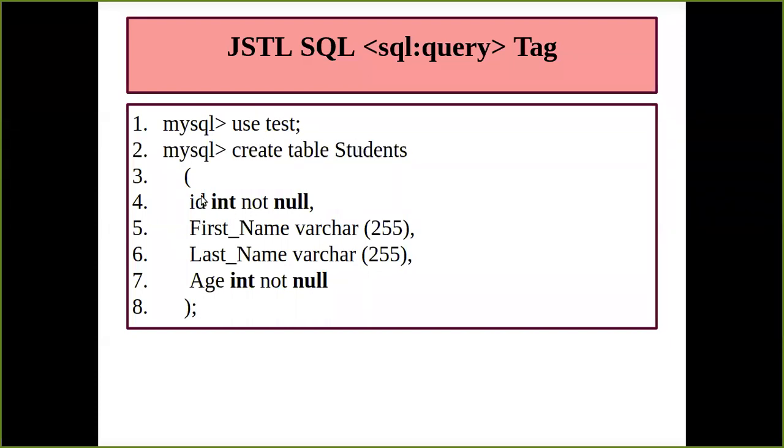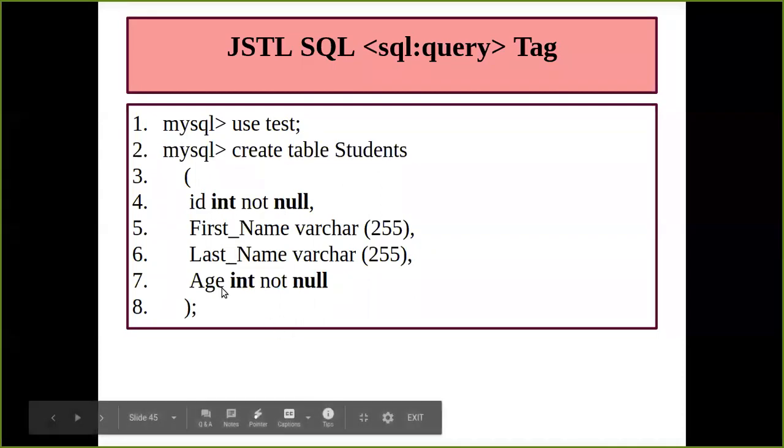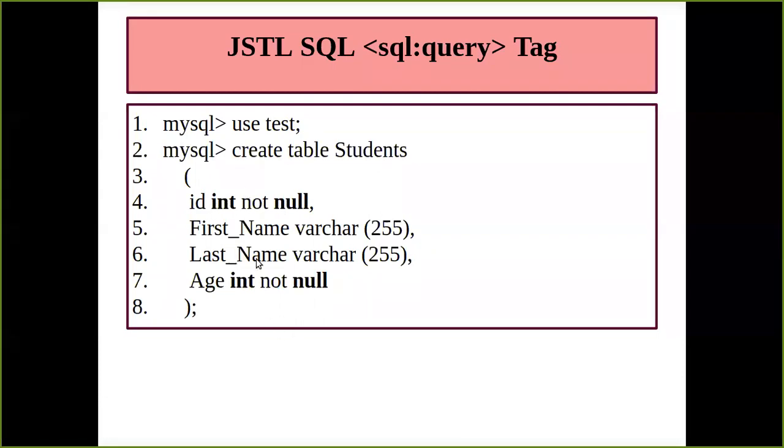We have a number of fields in that, that means the number of columns you are going to create. One is your ID, one is going to be your first name, last name, and then age. We have given some constraints also, saying NOT NULL on ID and age. That means you are not allowed to have any null value in ID and age. Fine. So this is how you create a table.